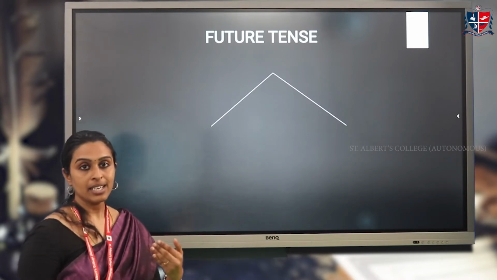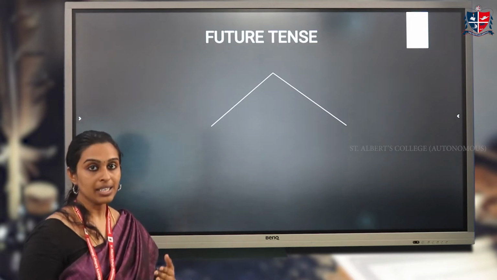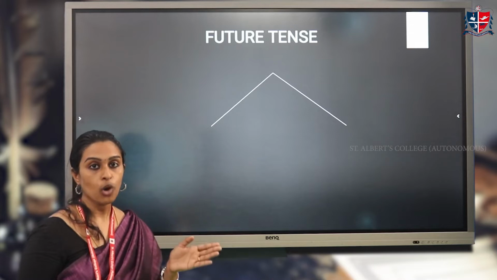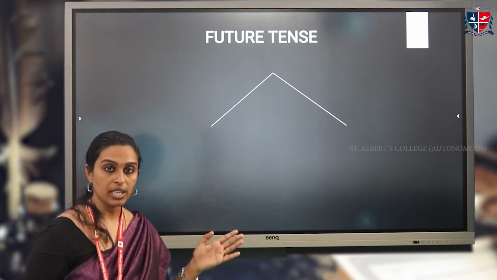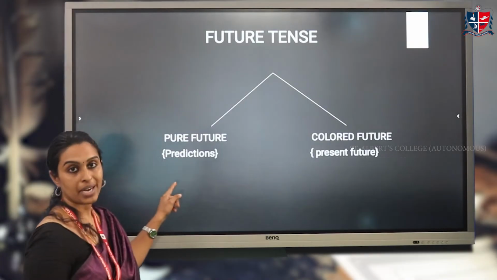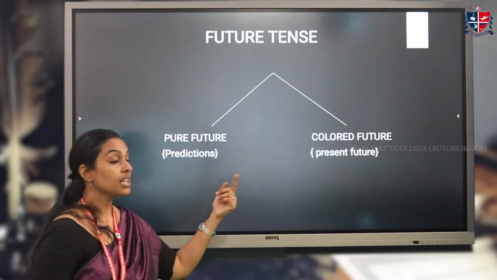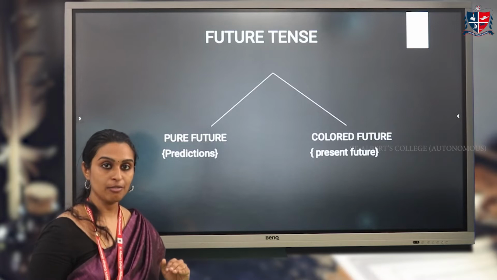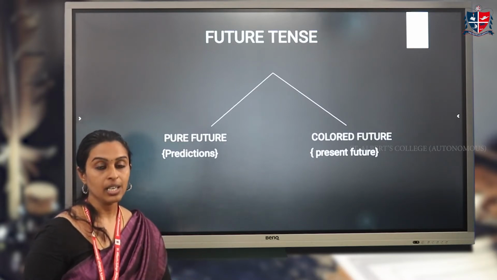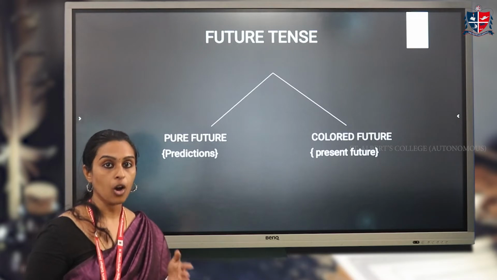So basically there are other deviations, but future tense can be broadly divided into two forms, that is pure future and colored future. Pure future means predictions, whereas colored future means the present future, that is the other cases showing futurity without the use of will or shall.